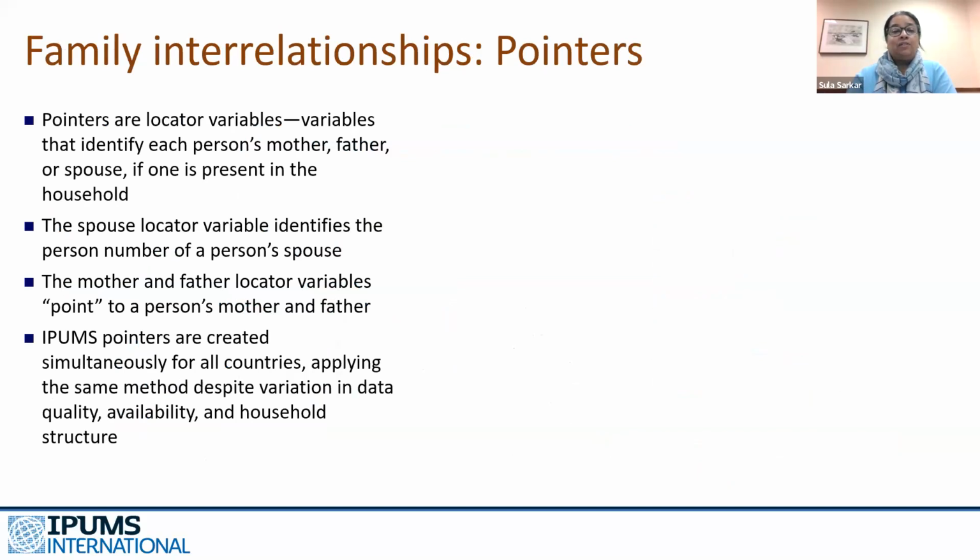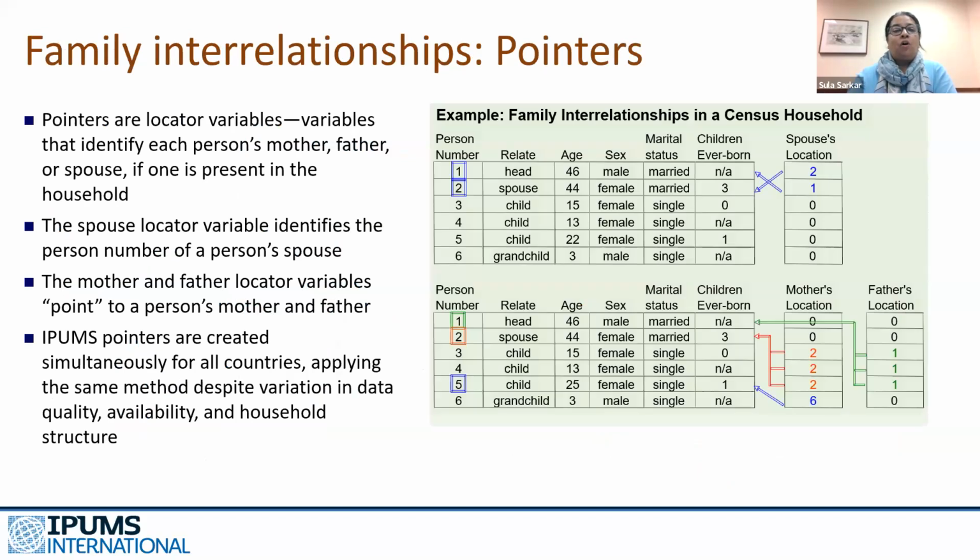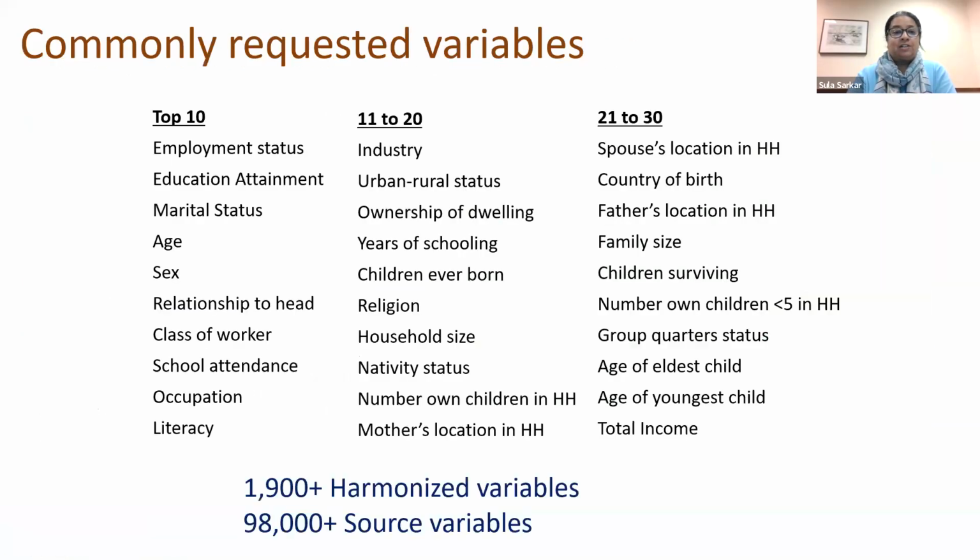Pointers are like locator variables that identify the person's mother, father, spouse, or anyone present in the household. So it's pointing. From this figure here, the head is number 1, and for the spouse's location, it is 1 and 2 here.